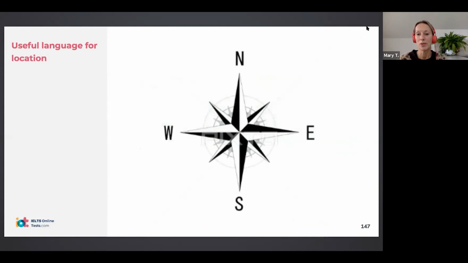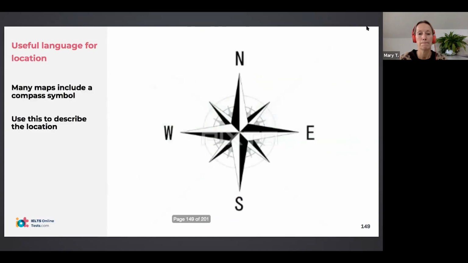Okay, it's also important if there's a compass on the map that you refer to that. So it's there for a reason. I'm sure that you know most of these, but we'll just go through them. What's the name for each compass direction? Maybe starting at the top. North, that's right.